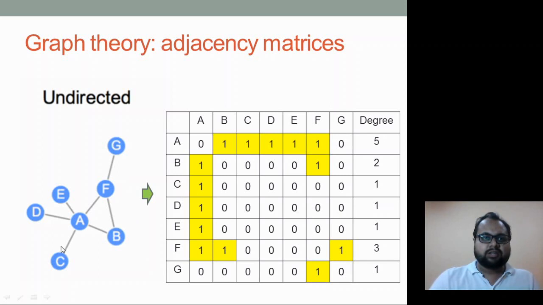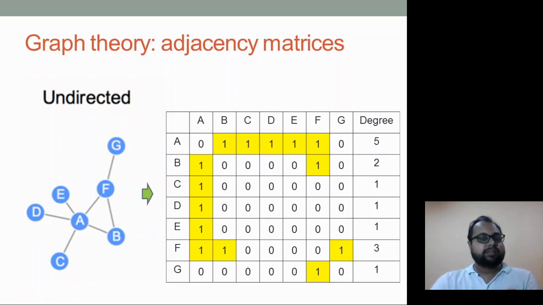For C it is 1. For D it is 1. For E it is 1. For F it is 3: 1, 2 and 3. And for G it is going to be 1. So this is how you calculate the degree using the adjacency matrix for your undirected network.